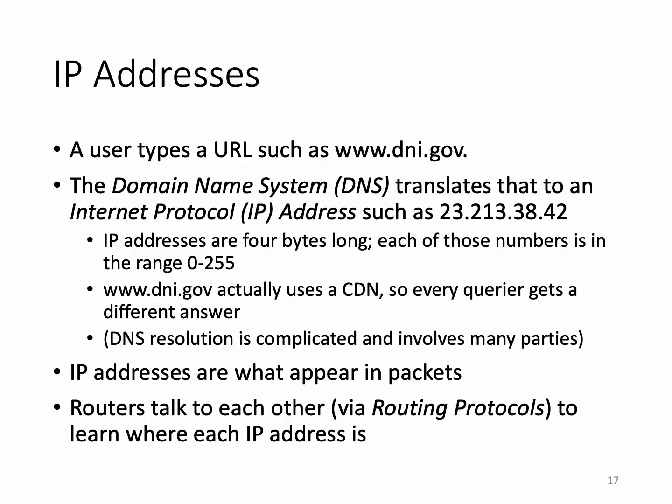Let's talk about IP addresses. When you go into your URL bar, you might type in something like www.dni.gov, and I mentioned before that gets translated into something called an IP address, which consists of these numbers. Let's talk a little bit more about what those numbers look like. They are 4 bytes long, so I have the number 23, and 23 is a number between 0 and 255.